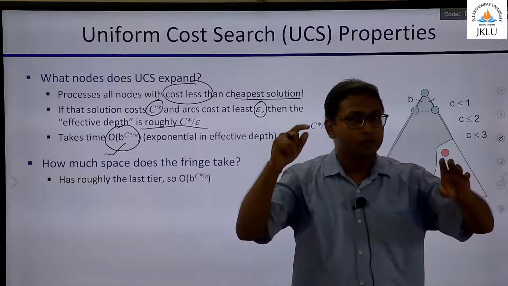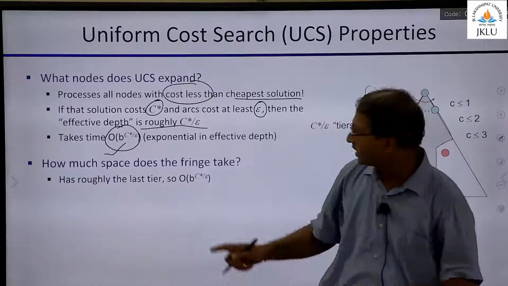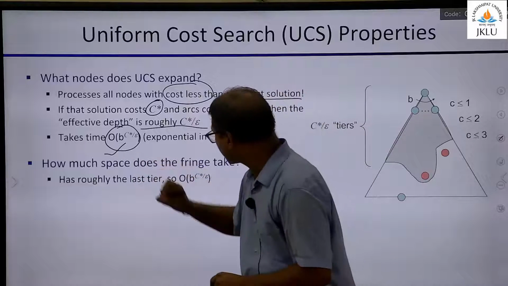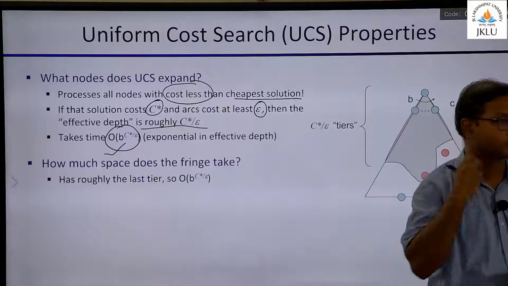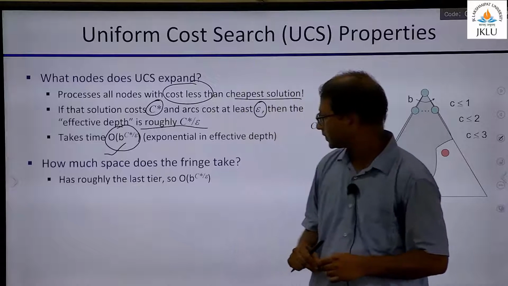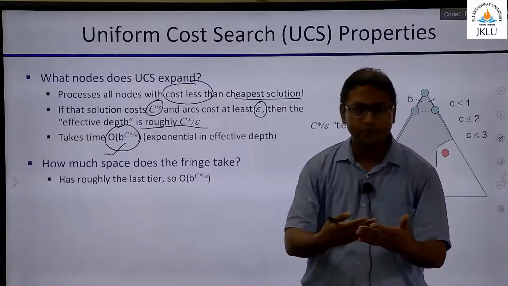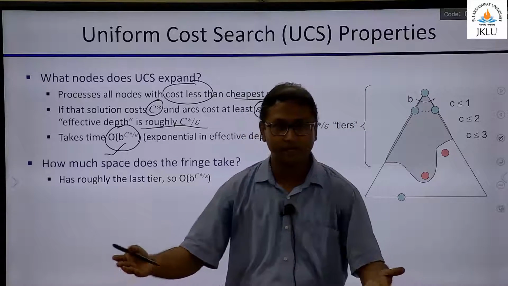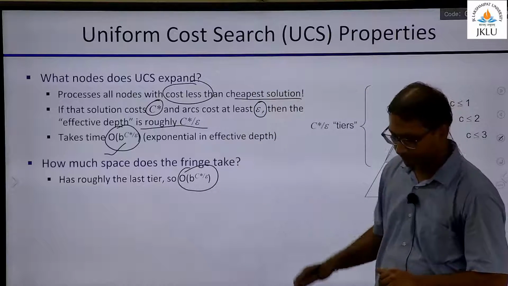So you might have some average case speed ups, but in the worst case it is still as bad as the other two. How much space does the fringe take? See, in the way you are expanding, it's more like BFS, so space is something of that kind only.